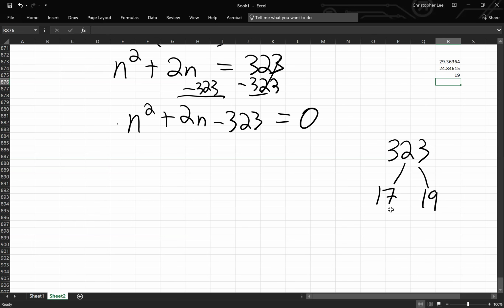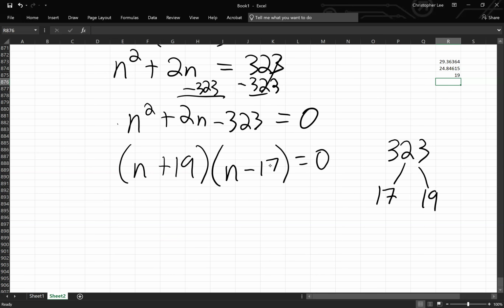All right. But look at this though, right? If I subtract 17 and 19, I get 2. Perfect. So you already know what this is going to be, right? It's positive 2, so this is going to be n plus 19 times n minus 17.